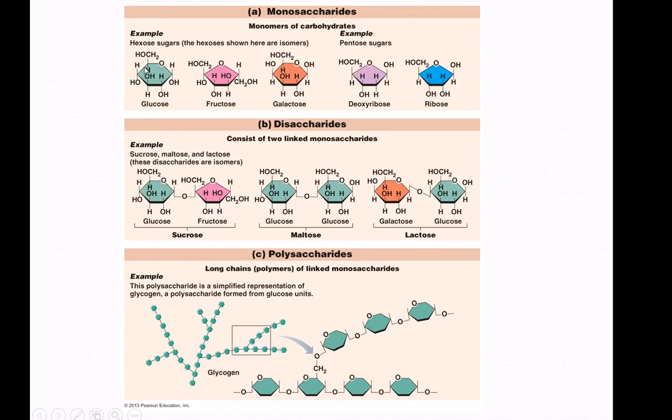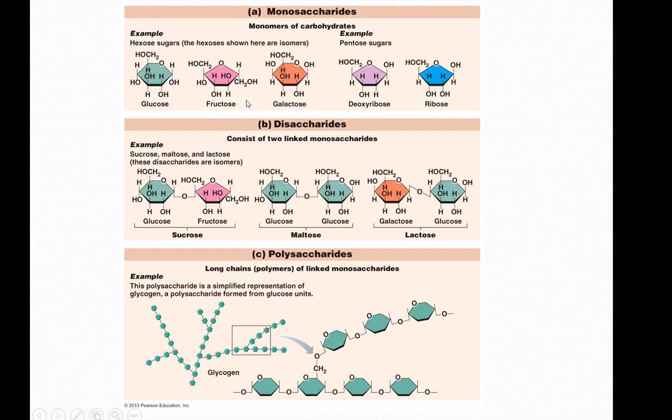So here are several of the different monosaccharide carbohydrates that we find. One of the most important of these is glucose. It's our energy, the major source of energy and fuel for us.